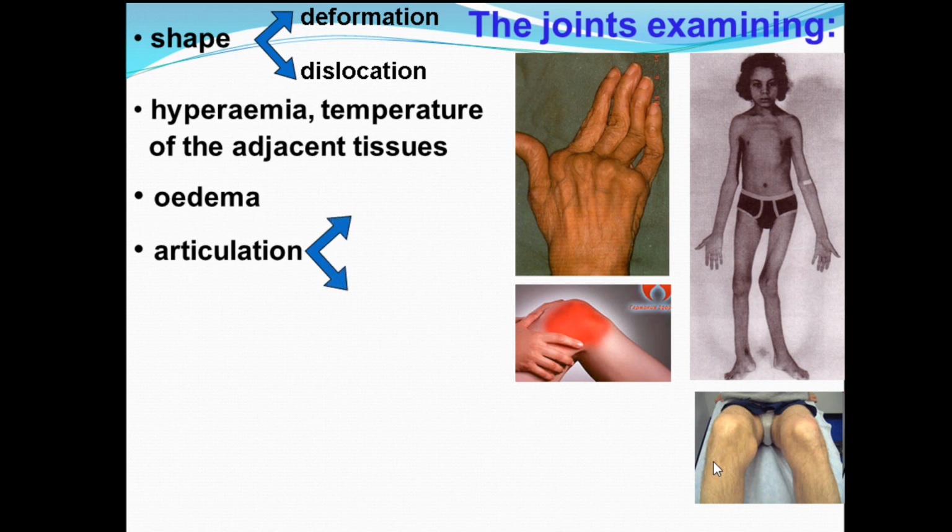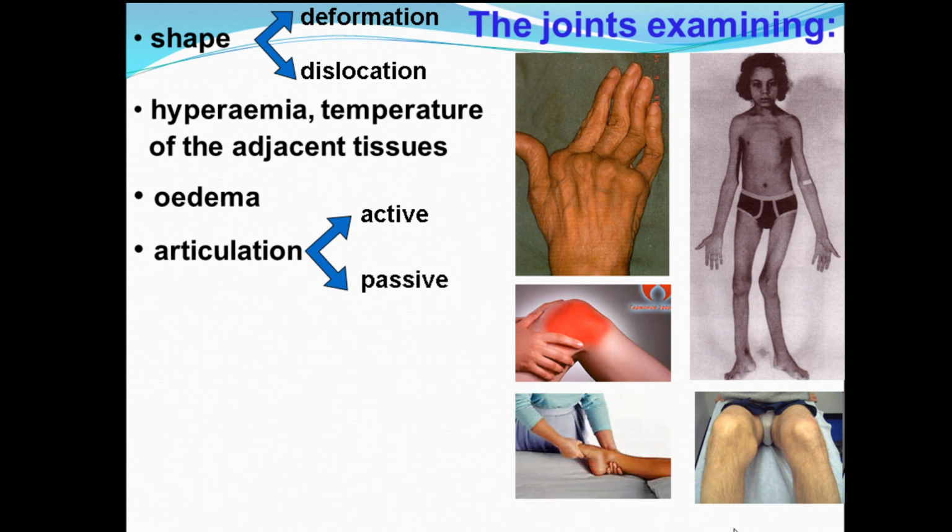We obligatorily assess articulation, the ability to move, and we distinguish active, when the patient moves the joints independently, or passive, when the doctor moves the joints of the patient. One hand fixes the joint located above, the other hand moves the joint in a definite direction depending on the characteristic, because every joint can do a specific movement.